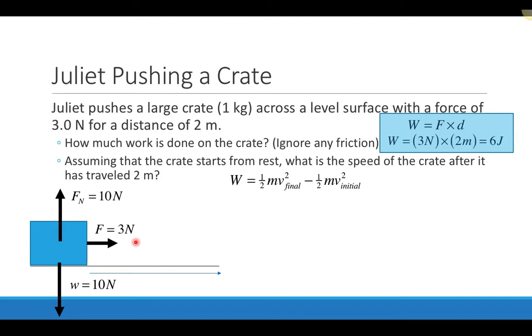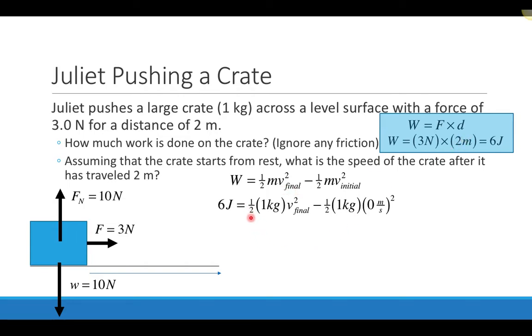So we're going to use this work-energy relationship, which says that the work that's done on the crate is equal to the final kinetic energy minus the initial kinetic energy. And so we know that the work that's done is 6 joules of work, because we calculated that. We're trying to figure out how fast this crate is moving after it has traveled the 2 meters.